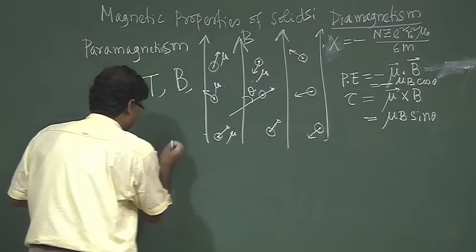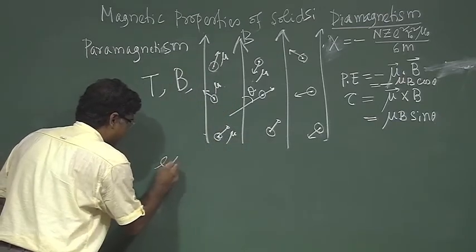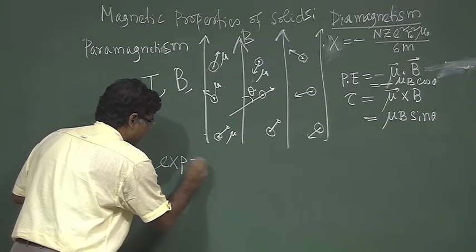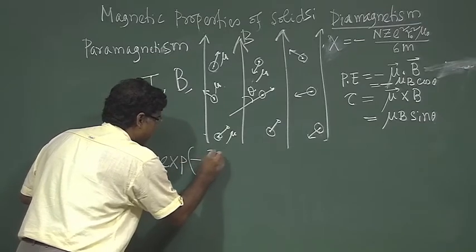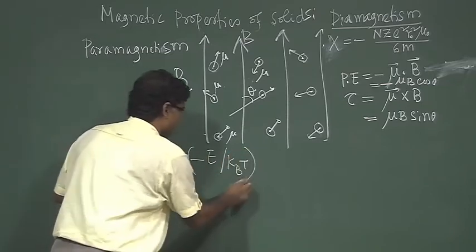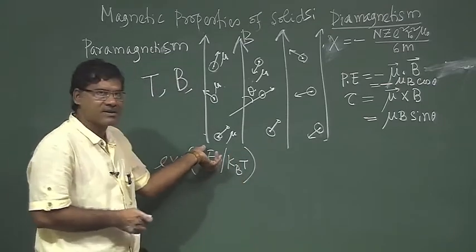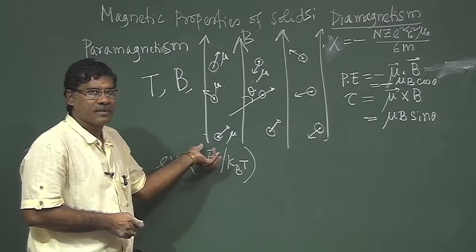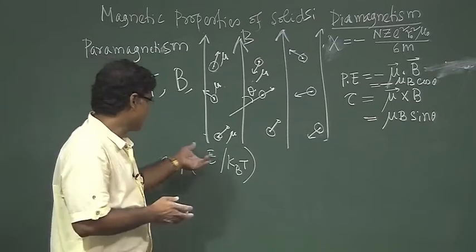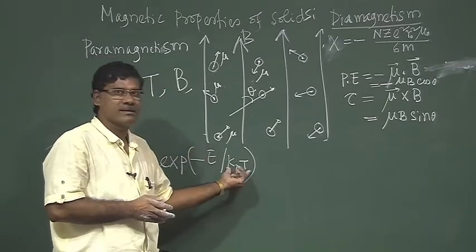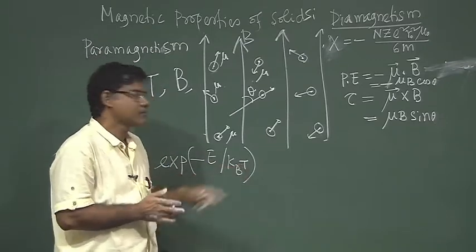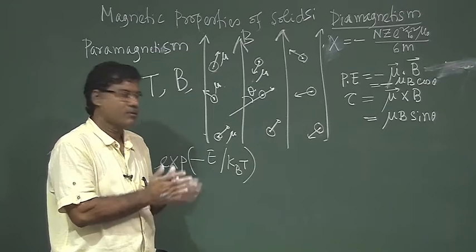So that factor is exponential minus E by kBT, right. If the system has energy E, the thermal energy will try to overcome it depending on the temperature. Now, what will happen?